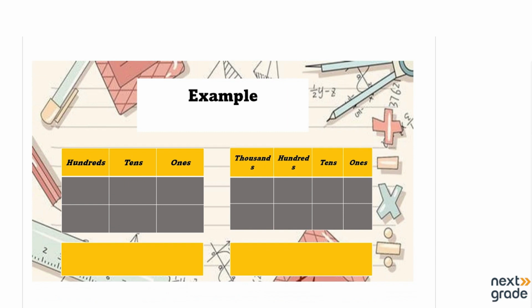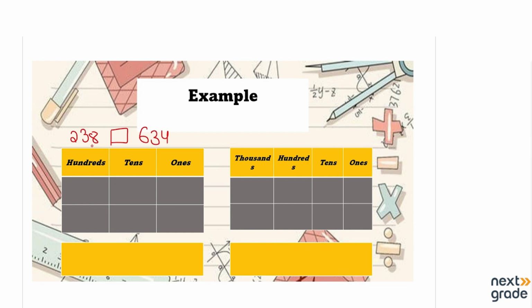First of all, I'm going to use 3-digit numbers, then we are going to practice on 4-digit numbers, and so on. For the example of 3-digit numbers, I'm writing over here number 238. Now we have to compare it with the number 634. Let's place both of these numbers in this place value chart.